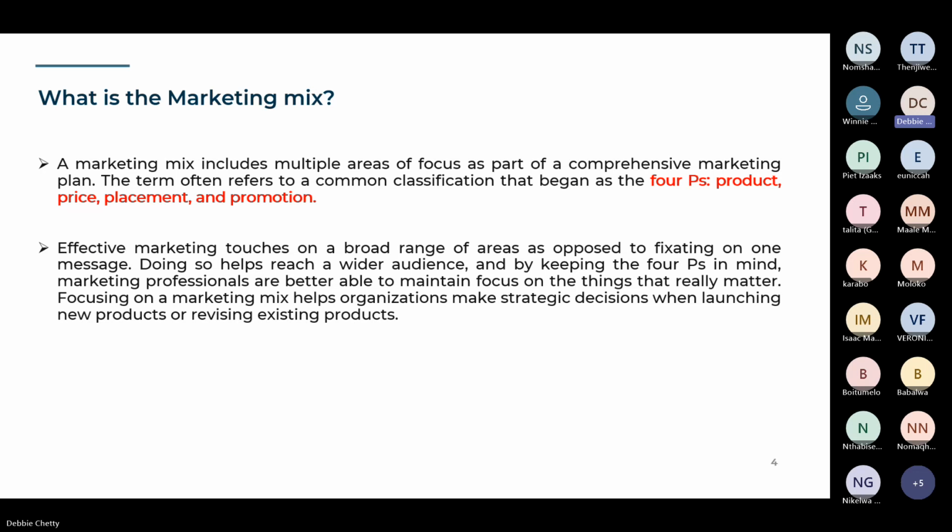The marketing mix is a marketing tool, right? So effective marketing touches on a broad range of areas. So it includes how we can use the 4 Ps. In basic terms, it means how can we use the 4 Ps in our marketing strategy. So how can we use our 7 Ps in our marketing strategy, which aligns with a business goal? Very important, especially in the marketing department.